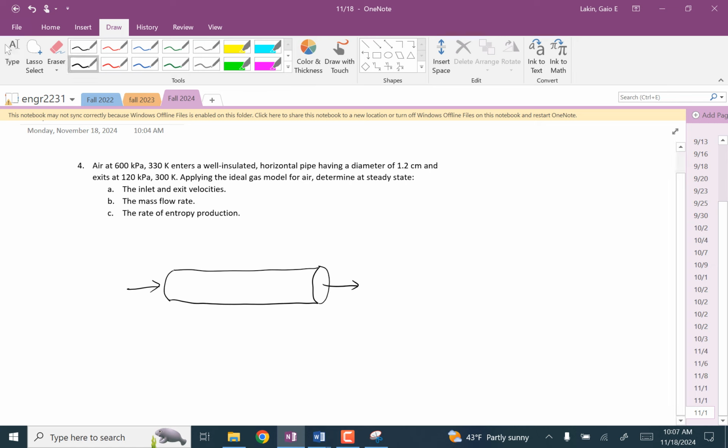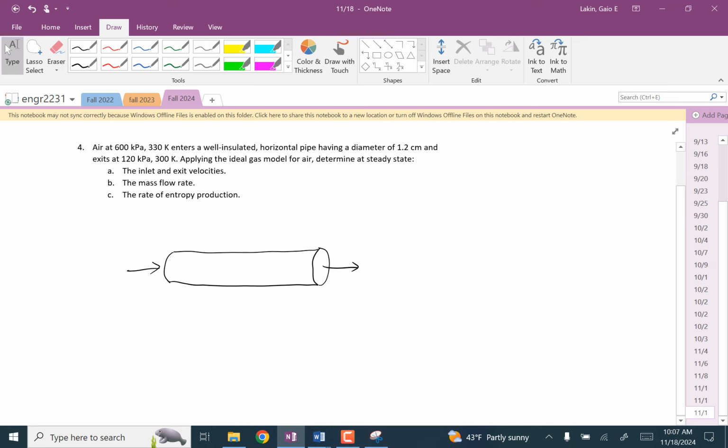I was just saying this to someone in office hours recently, with these control volume entropy problems, you're almost always going to also use the first law in addition to the second law for control volumes.